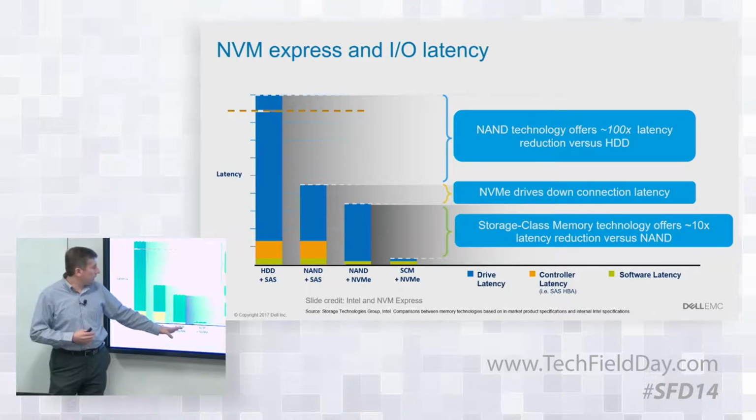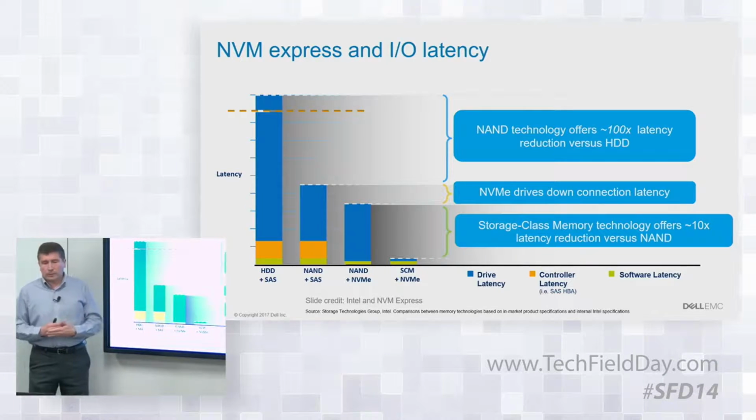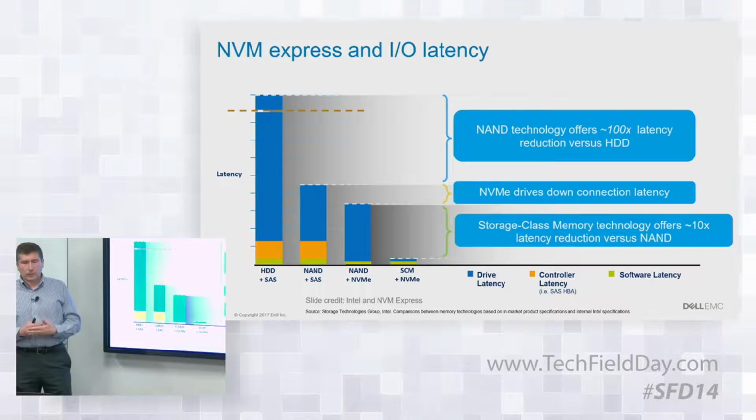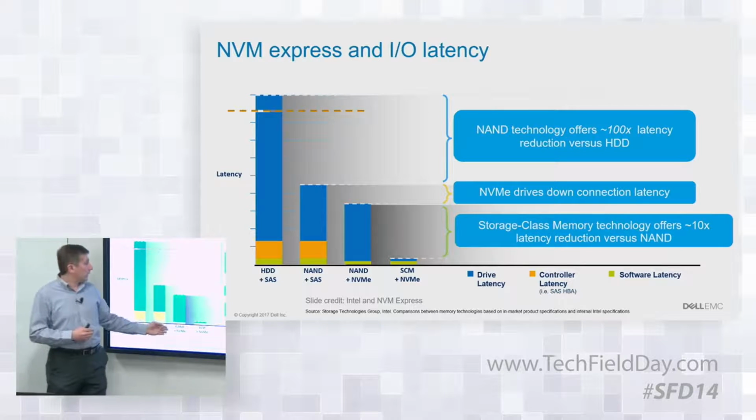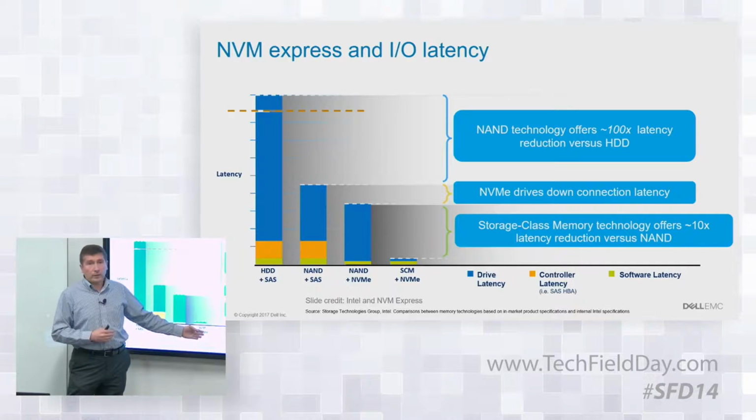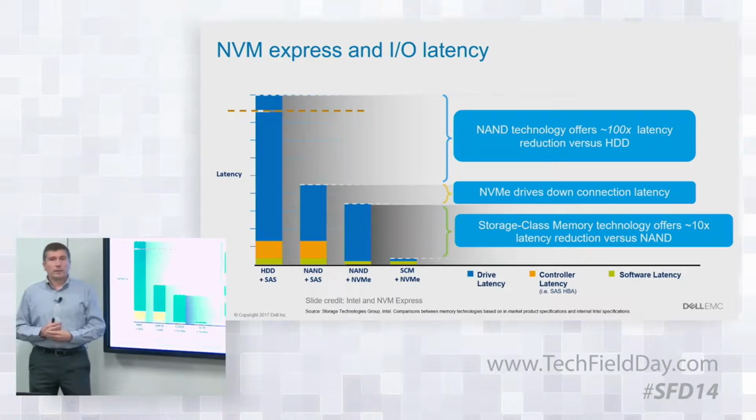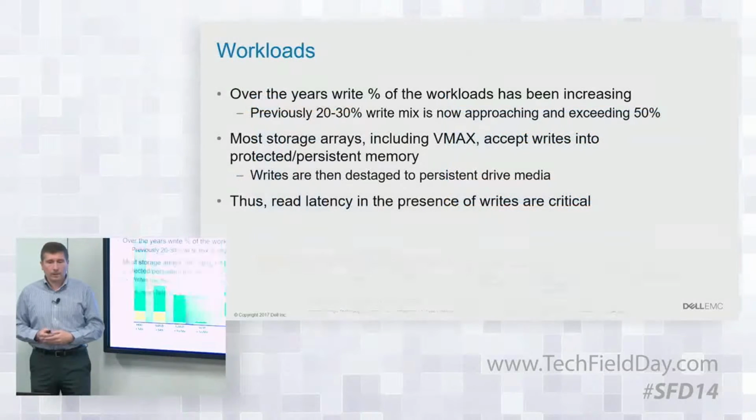And as we transition to NAND with NVMe, some of the controller latency and software latency will be reduced. But then with storage class memory with NVMe, we'll get to a very low access time to media. These are the type of things we are looking at in terms of reducing the latency in the array and access of the data.